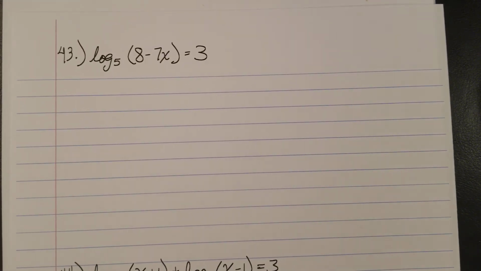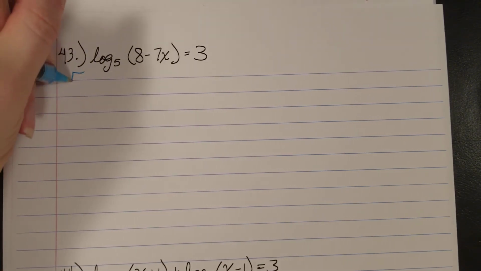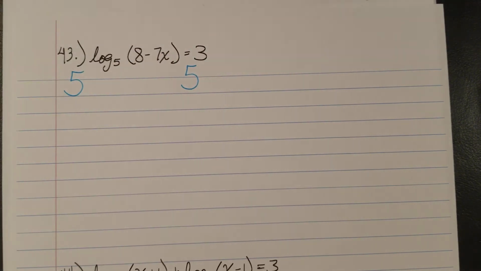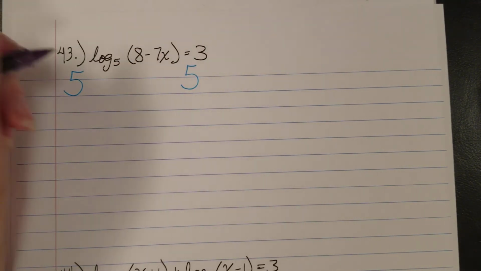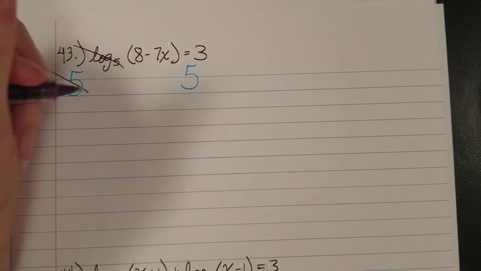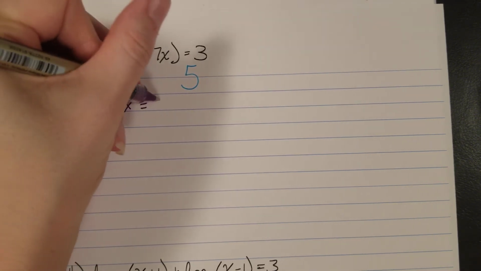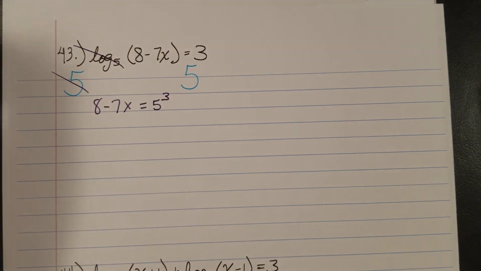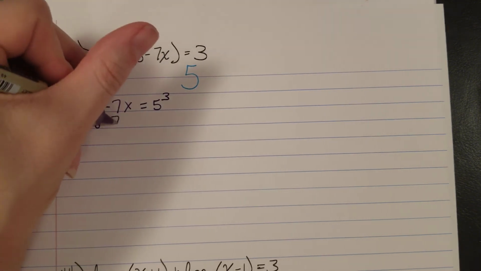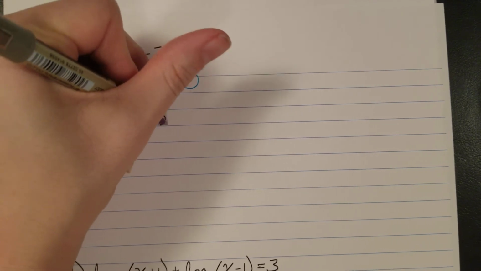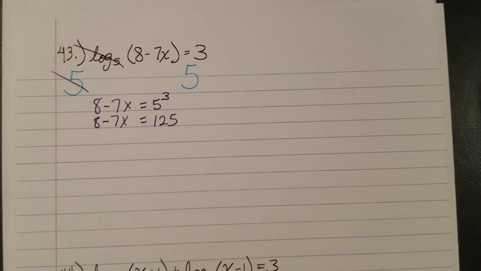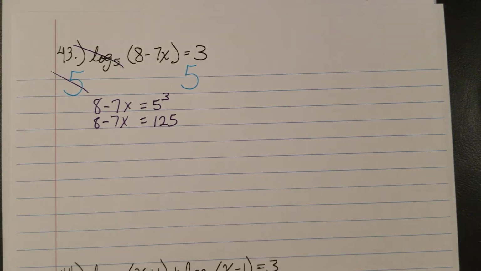Number 43. So let's see here. The base is 5, so big 5s here and there. So we can cancel out that and that, and that would give me 8 minus 7x equals 5 to the third power. So I know that 5 to the third power is 125. So 8 minus 7x equals 125.